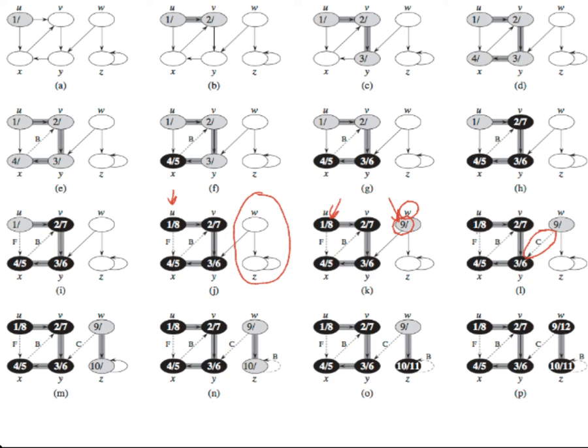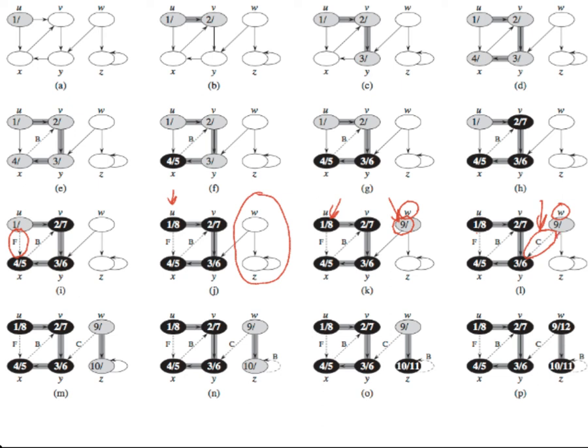Before, when we visited a black vertex from here, we called it a forward edge. Now we're going to call this a cross edge here, because the node is not a child of W in the depth first search tree. And we'll see a property of that in a couple of minutes.